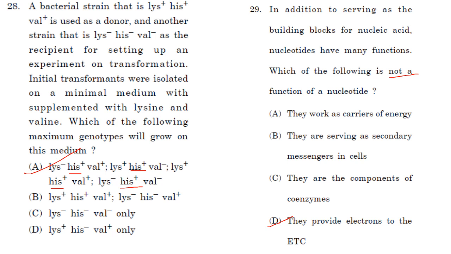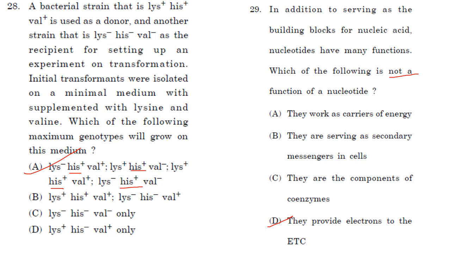So you have to see for those which are histidine plus, because histidine minus will not be able to grow on minimal medium supplemented with lysine and valine. But if histidine was supplemented to the medium, then histidine minus also would have grown in the medium. But in this case, only histidine plus will grow in the minimal medium.